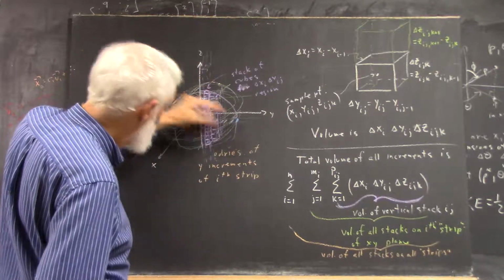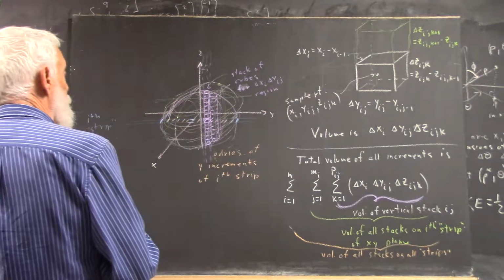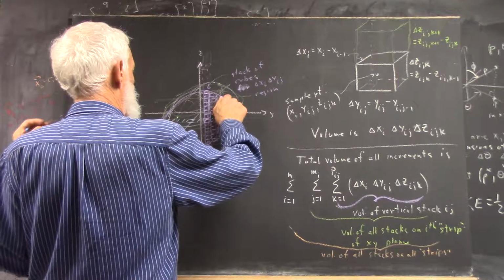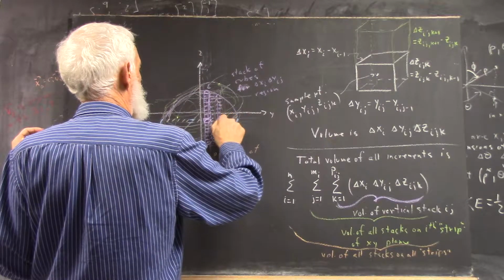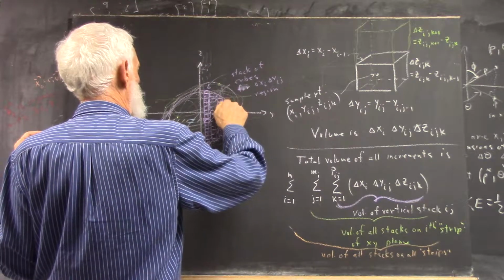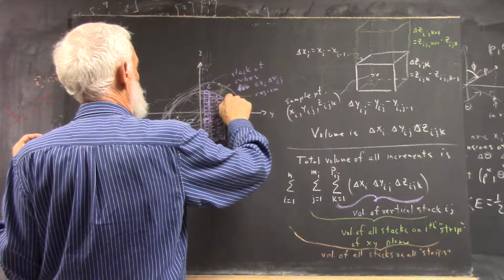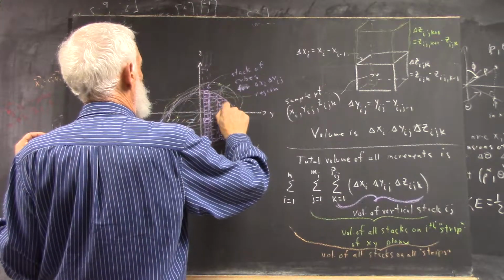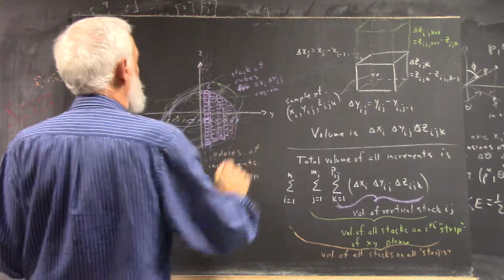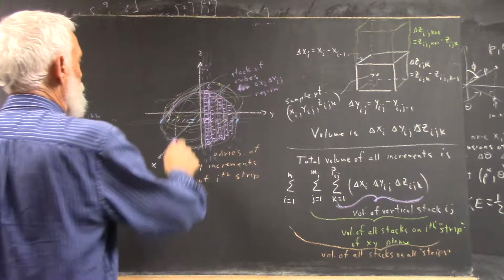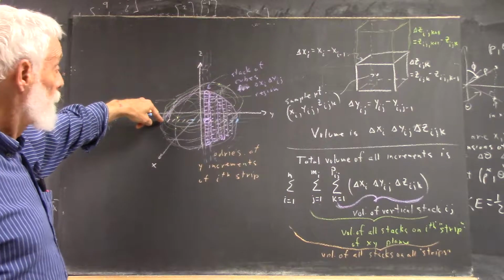The sphere's decreasing in height as we move in this direction from here. And we end up then with all these stacks, shouldn't have drawn as many, filling in the whole region above this strip, okay?